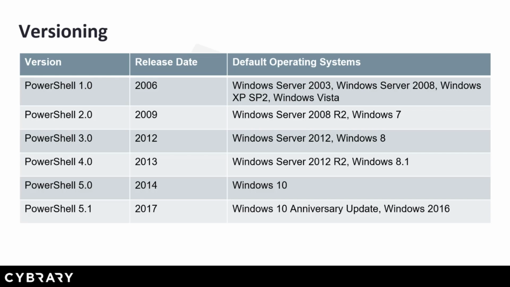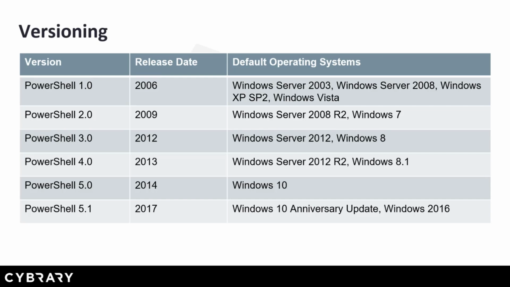So, brief history of versioning. PowerShell 1 came out in 2006 and again was for Server 2003 and 2008, as well as Windows XP and Vista. In 2009, 2.0 came out, and we were able to use that on 2008 R2 and Windows 7. About 3 years later, we had 3.0, which gave us Server 2012 and Windows 8.